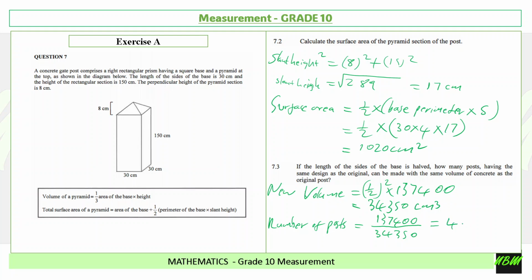Therefore, we are going to have 4 posts that have a volume of 34350. Because 34350 multiplied by 4 will give us the original volume of 137400.